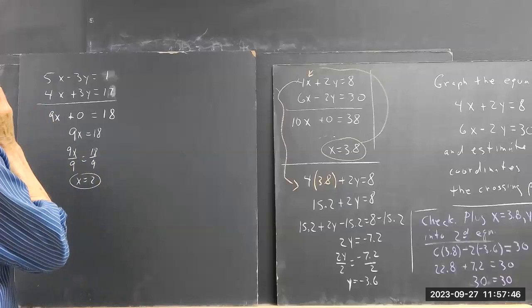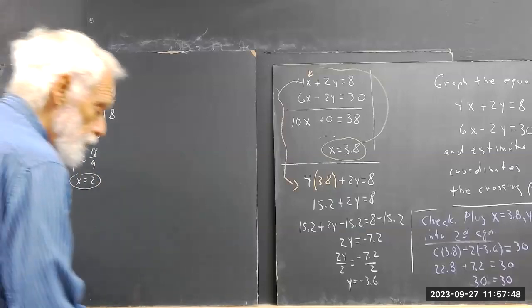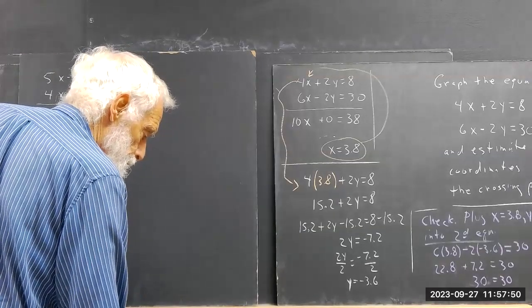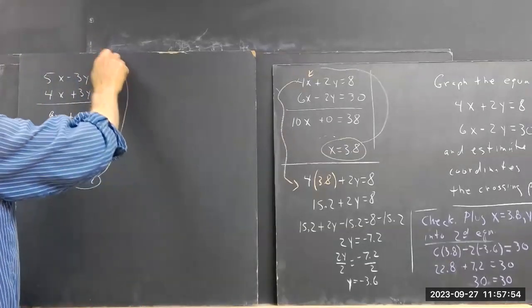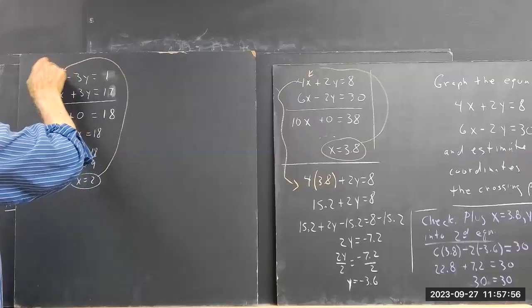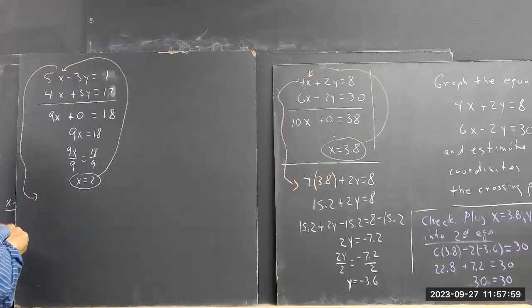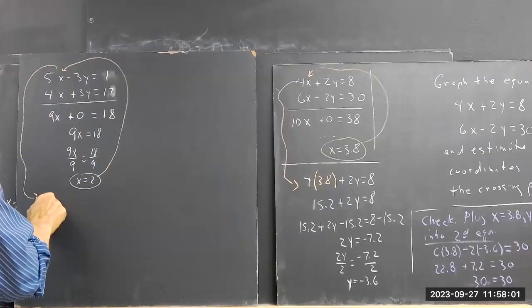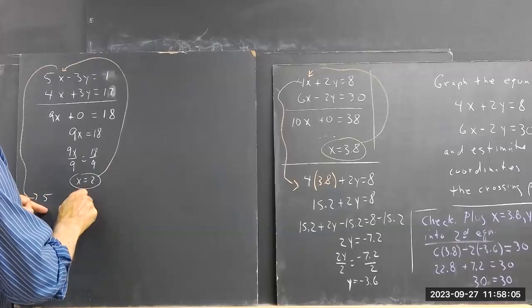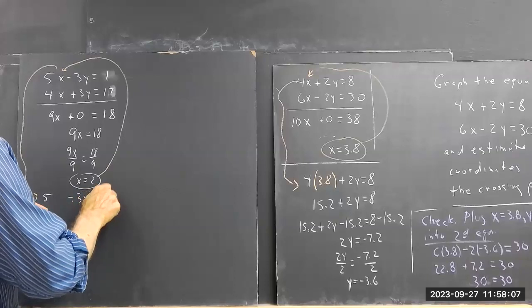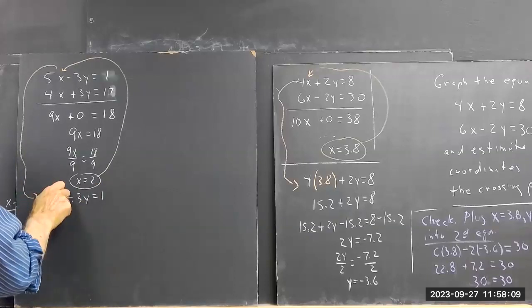Take the x equals 2 and we plug it in. Use colors here. We plug it in here, which gives us the equation 5x. I'm going to write the rest of the equation down before putting in x, just because I've got to switch hands here.